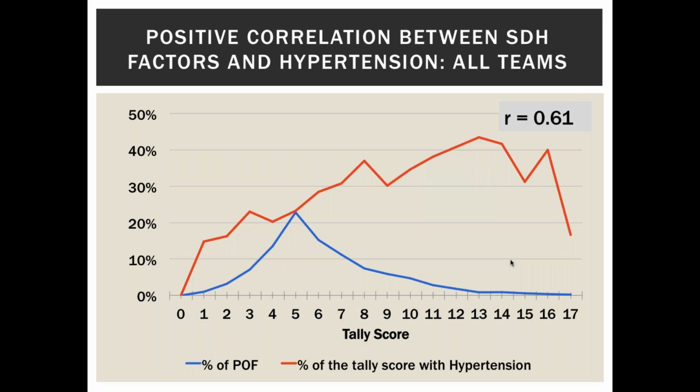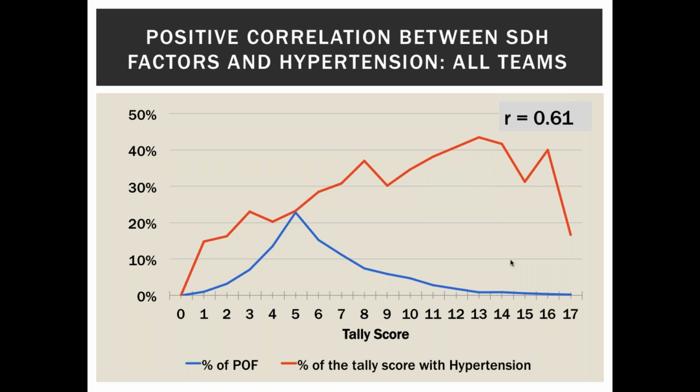So we looked at the R value, which is the correlation value, and it's 0.061, which indicates a moderately strong linear relationship.